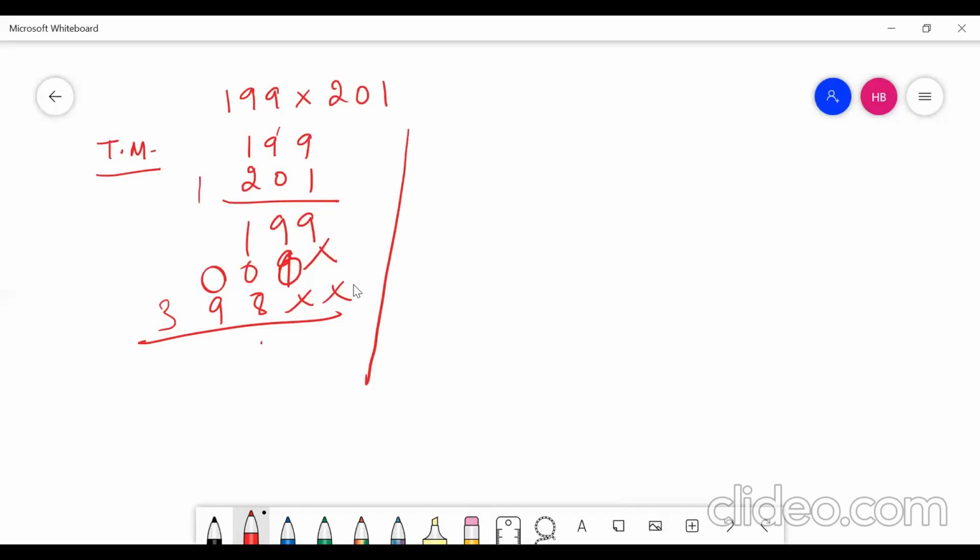But if I know how to use distributive property, what I can do, I can directly write 199 into, can I write 201 as the addition of two numbers, such that two easy numbers, such that it is easier for me to multiply 199 with those numbers. So can I write 201? Can I break 201 as 200 plus 1?